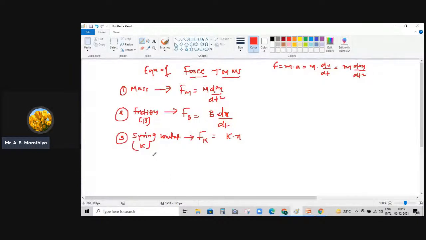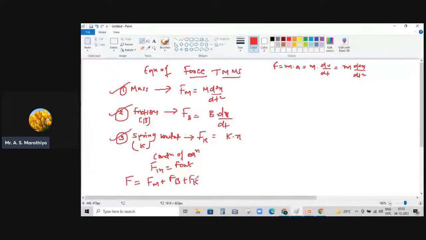And then if you apply the condition of equilibrium, I can write input force equal to output force. Consider the input force to be F. The output forces are nothing but the force distribution in mass, damping coefficient, and spring constant. So I can write Fm plus Fb plus Fk.